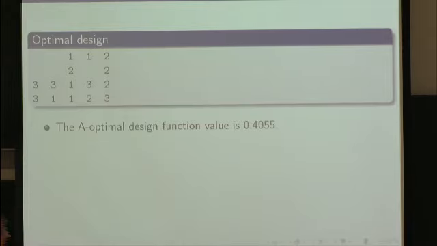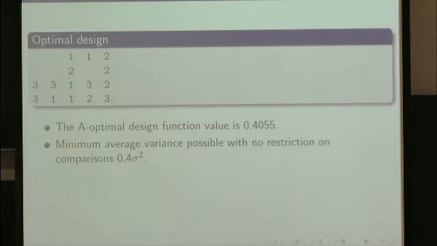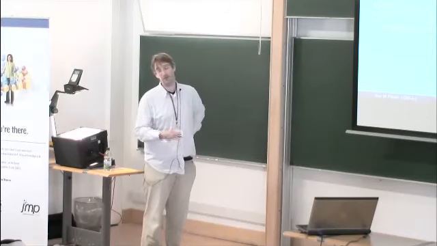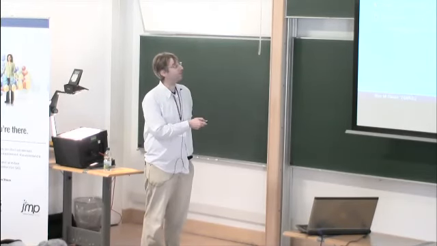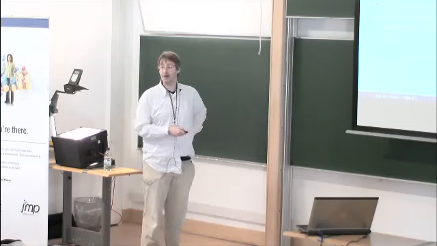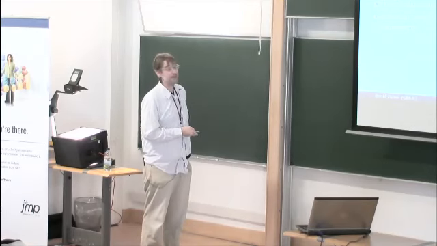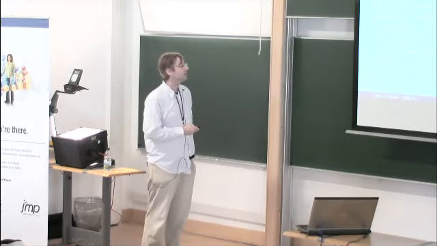It's interesting, the optimal value function value is 0.4055. If there was no restriction, then I had 15 plots, so I might be able to get 0.4. So I can actually do fairly well with this design, even for a fairly strange shaped field.